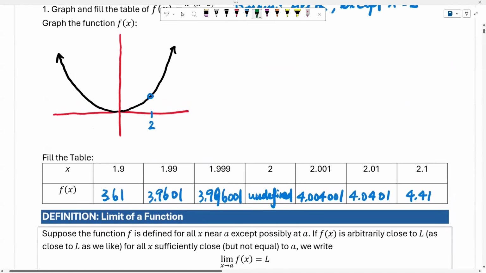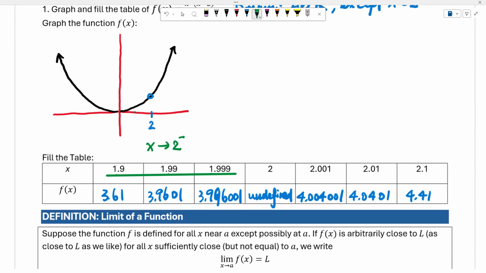Right now, let's talk about x approaching 2 from the left side. You will see that as x approaches 2 from the left side, x goes 1.9, 1.99, and 1.999.